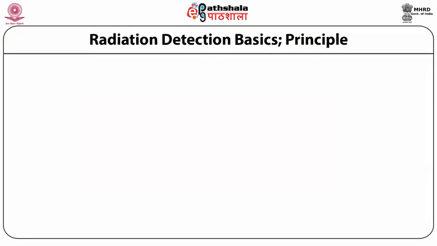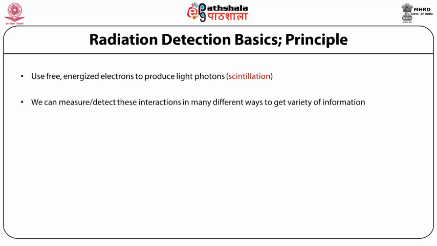Also, we can use ionization products to cause a secondary radiation, such as using free energized electrons to produce light photons. We can measure or detect these interactions in many different ways to give a variety of information.